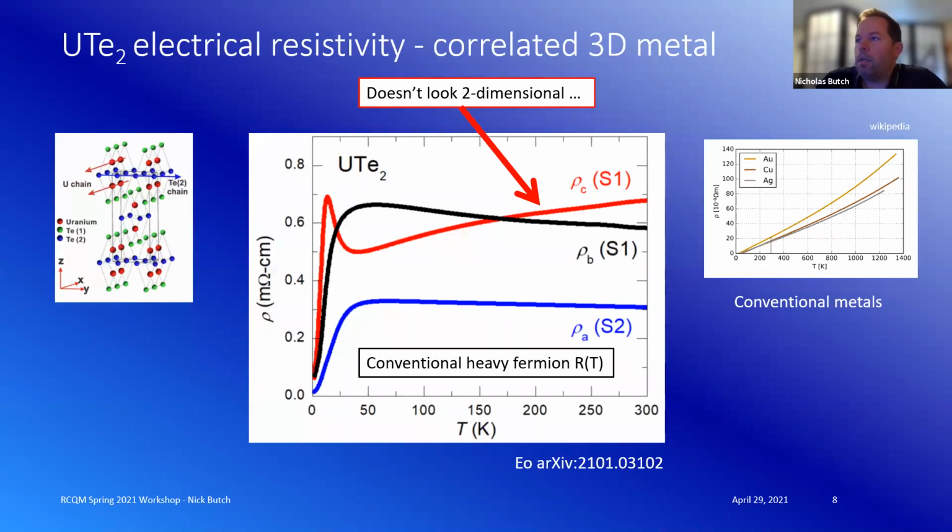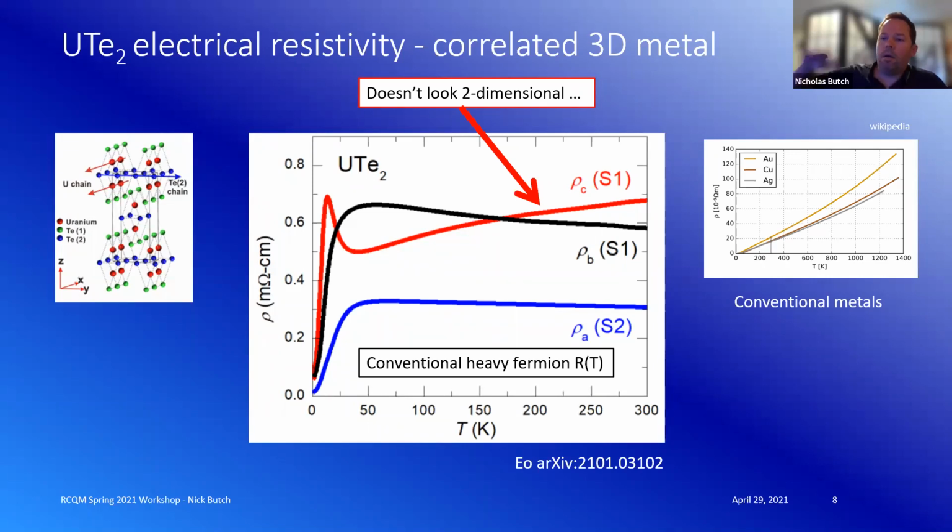This is the temperature dependence of the electrical resistivity. I just told you it looks like it's quasi-2D plus some extra stuff. And if you are familiar with heavy fermion phenomenology, you might say the extra stuff should really only be relevant at low temperatures. But if you look at the three directions, rho A, rho B, and rho C, A and B are in plane.